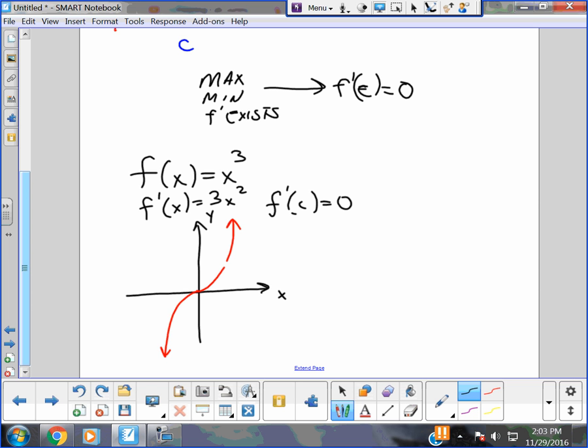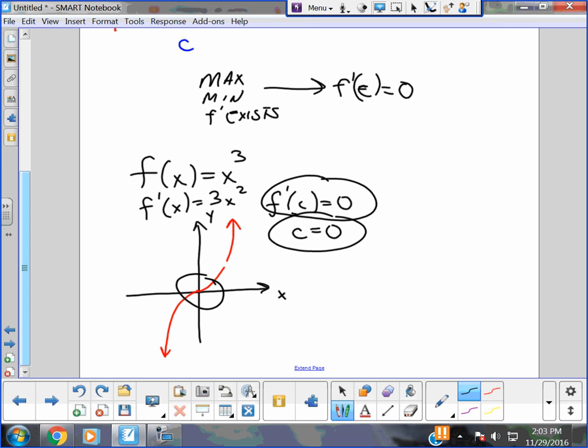What value of c? 0. Look at 0. Is it a max or min? No. Is it a local max or min? No. Now, you can see something interesting is happening here. It's changed its shape, right? We'll get to that later. But just because the derivative is 0 at 0 did not make this a local max or min. It does not.